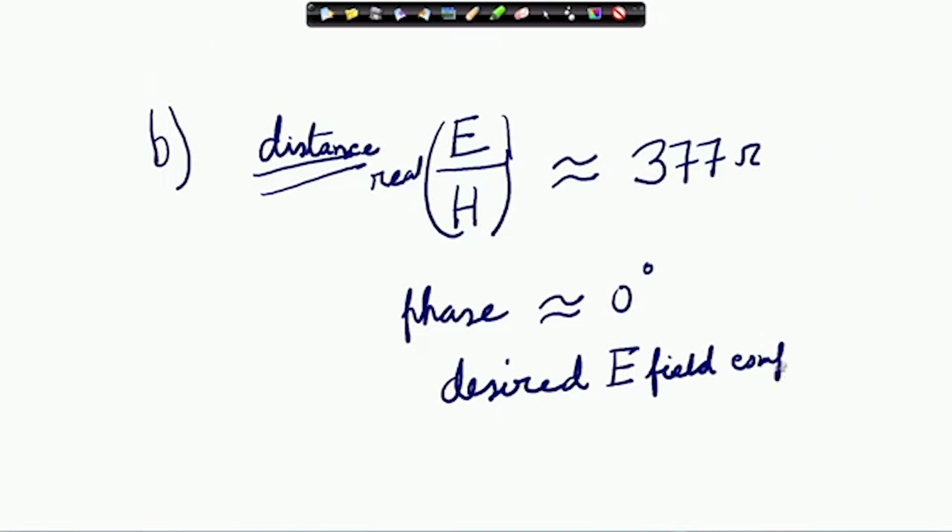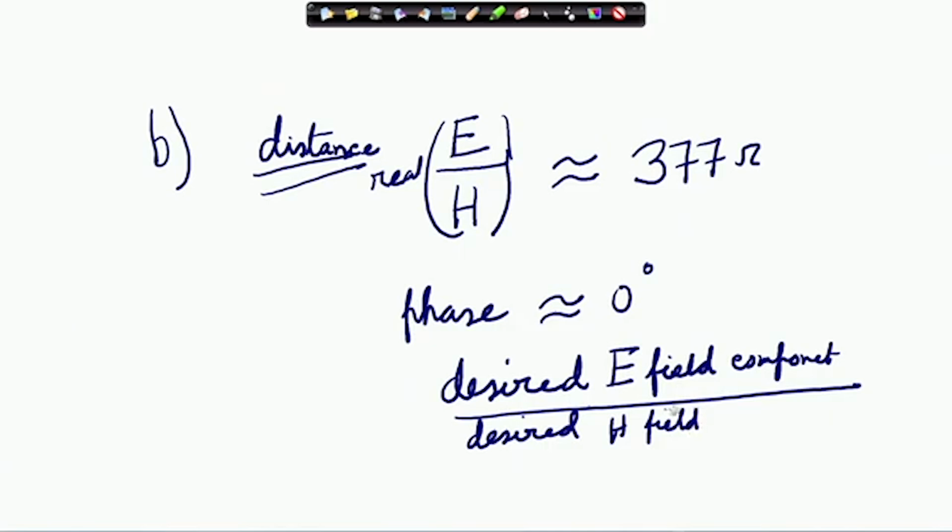Again, for a current element this will be E theta; for other antennas we will have to see the desired H field component. So, this criterion says that the radiation, far field radiation from the antenna, approaches the plane wave structure.